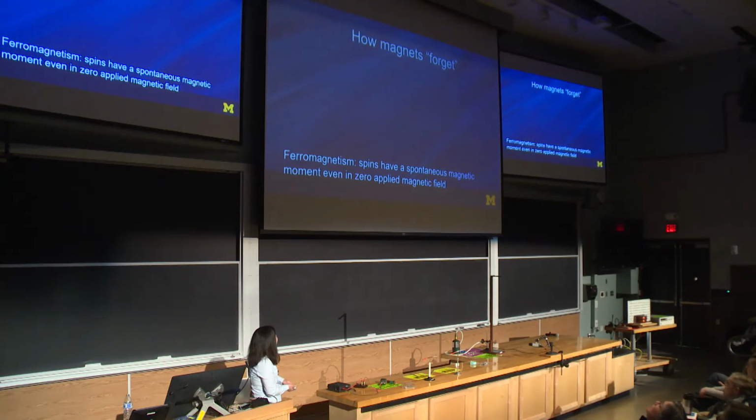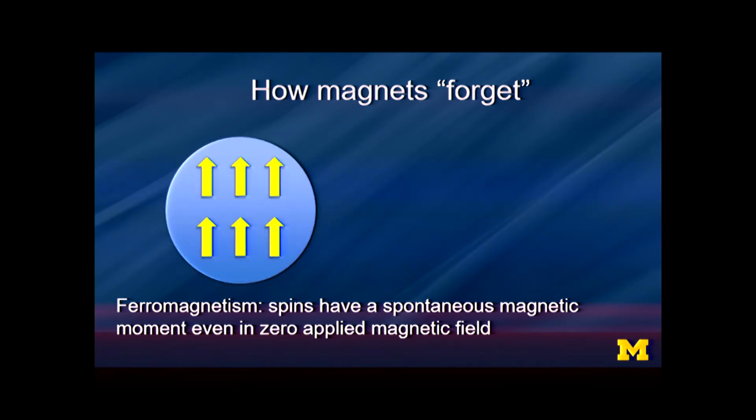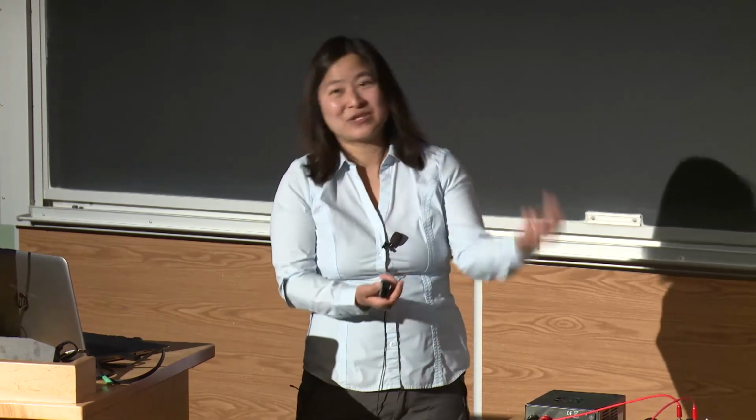So this is how magnets remember, and the reason that they remember is because they want to stay aligned, and the reason they want to stay aligned is because it would cost energy for one of those spins to decide, okay, I'm not going to point in the same direction as my neighbors, I'm going to just flip. Nope, that's not allowed.